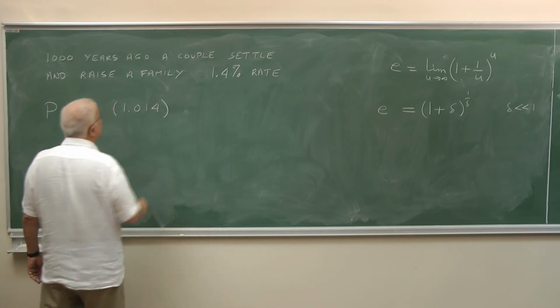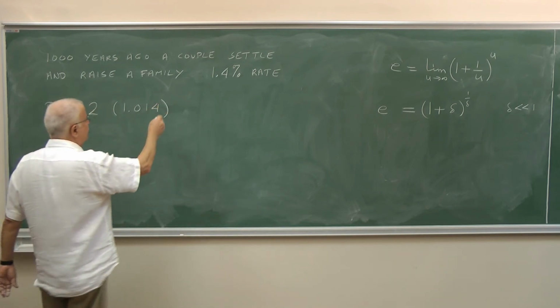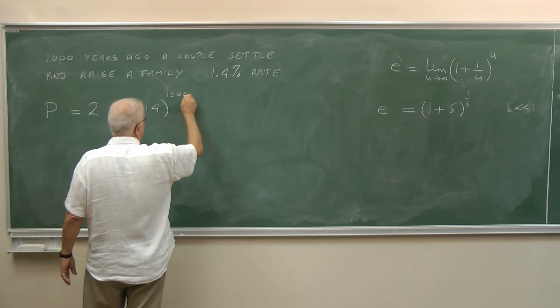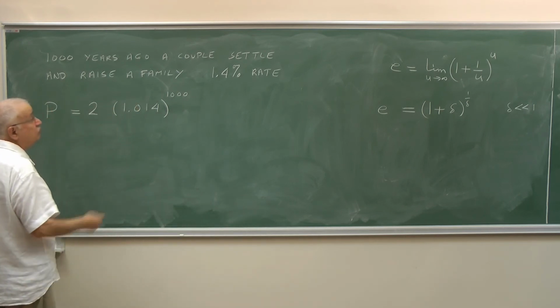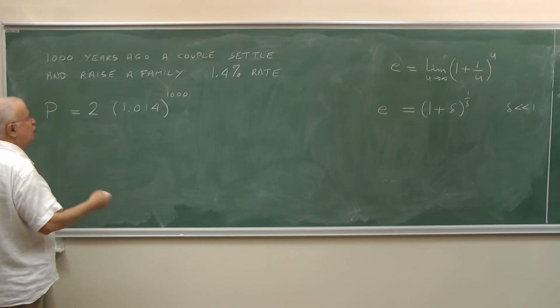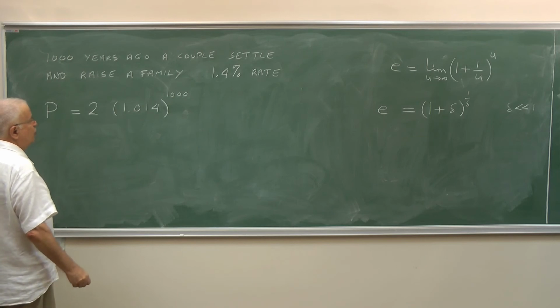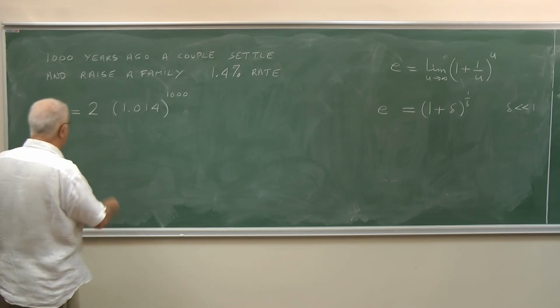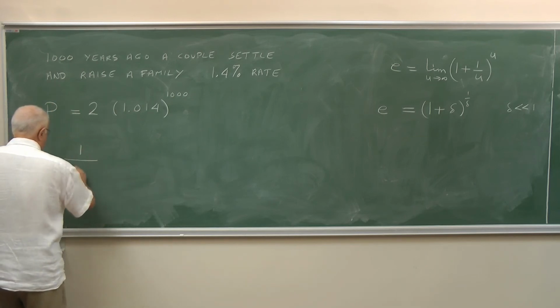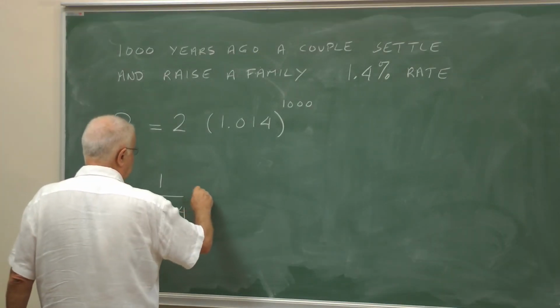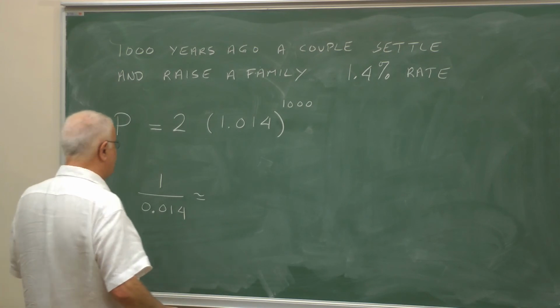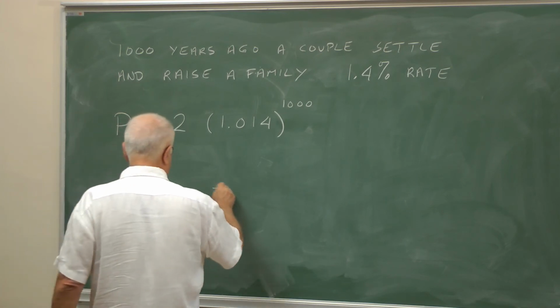1.014 to 1000 power. Now, 1.4%, 0.014 is approximately 1 over 70.